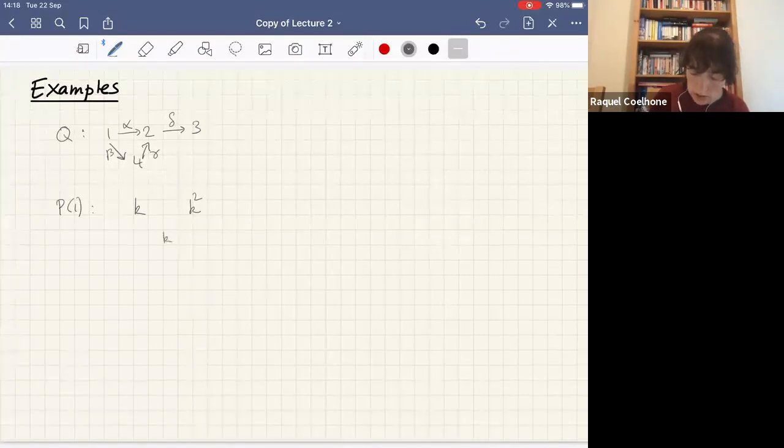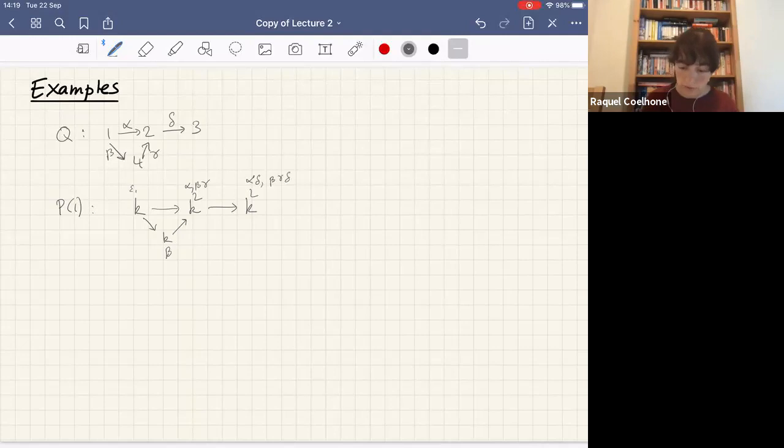So this is k. And for 3 we have alpha delta, beta gamma delta. So 2 again, k2. I'll put here the basis: this is epsilon 1, alpha, beta gamma, beta, alpha delta, beta gamma delta.